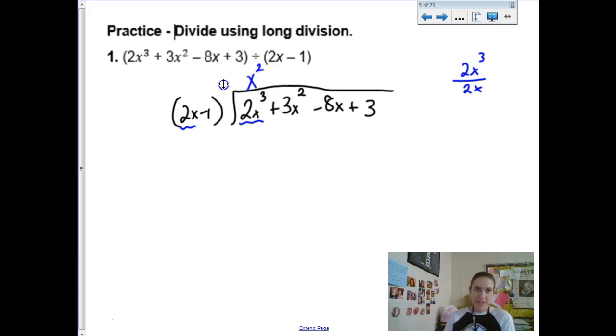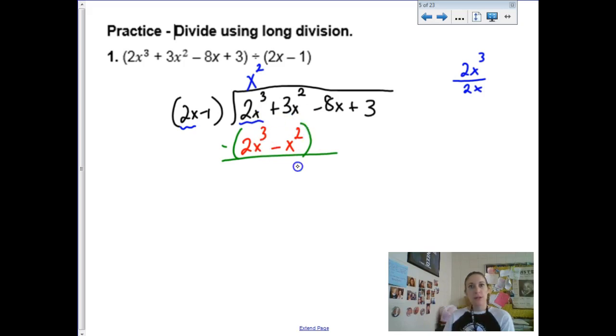And now we multiply. X squared times 2x minus 1 gives me 2x to the third power minus 1x squared. Your next step is to subtract. The lead terms should always cancel. And they are.